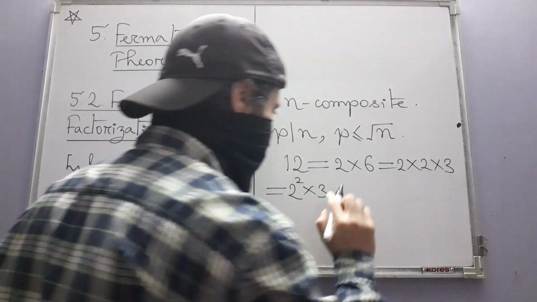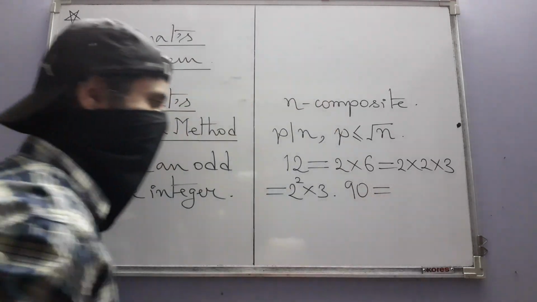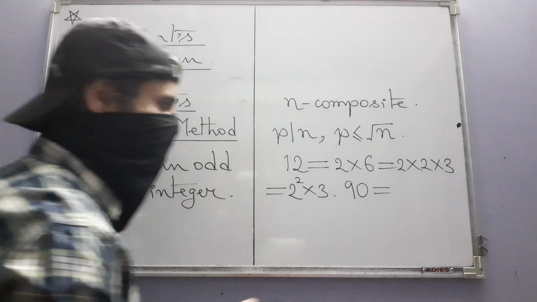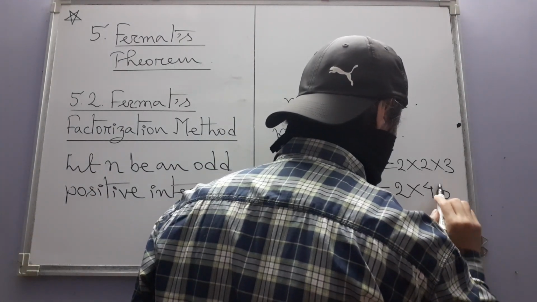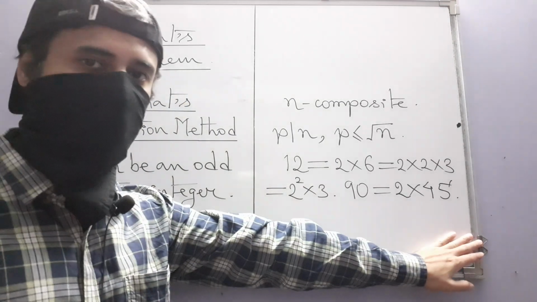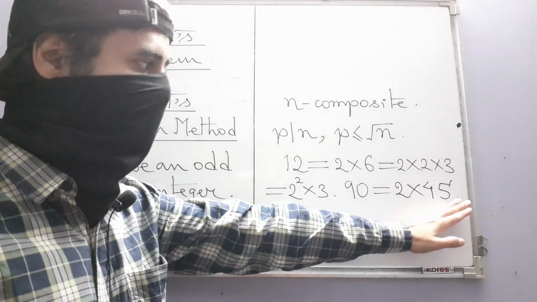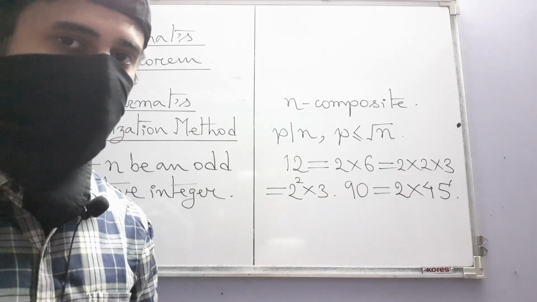For example, consider this 90. So this is also even, and this is 2 times 45. Now 45 is odd. Okay, so we cannot take out any more 2. But 45 is not prime.